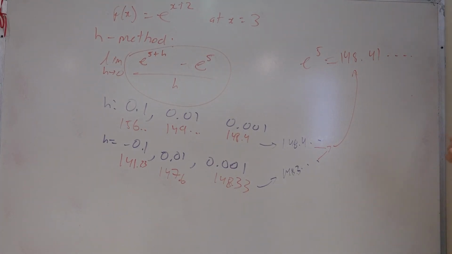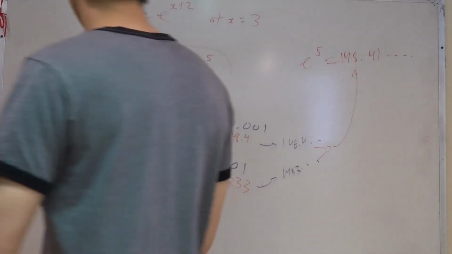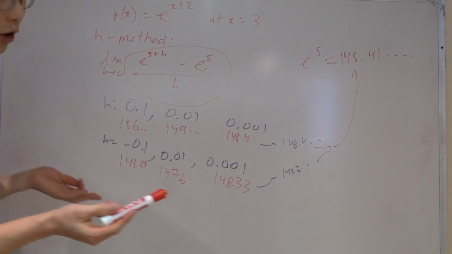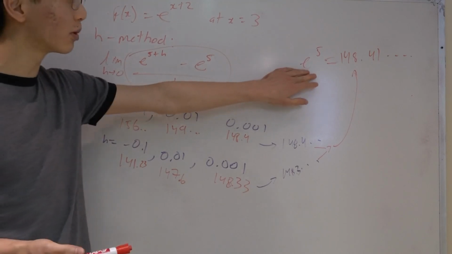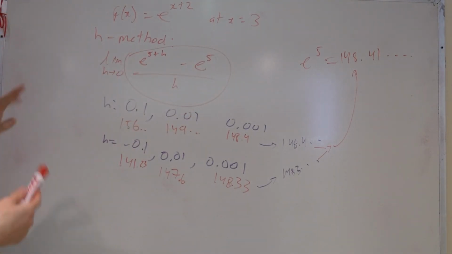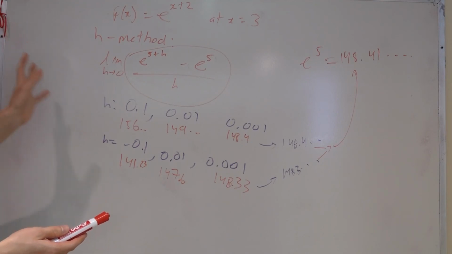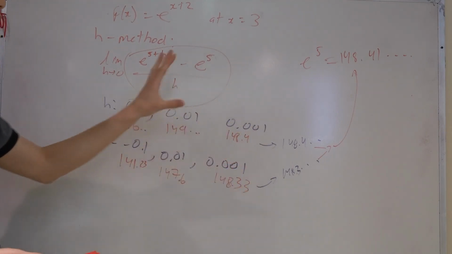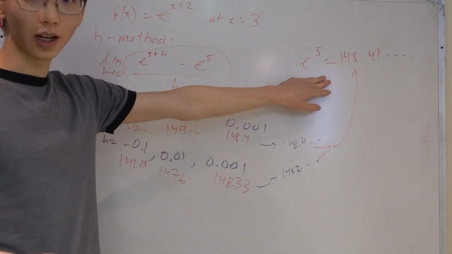It's not obvious at all. I don't expect you to be able to do this, but I'm just trying to show off what calculus can do, because I knew that the answer was e to the 5 from the very beginning, just because I could do some calculus in my head. It wasn't too difficult. So this is a really bad way of doing it, but using calculus, you can get the number in your head.